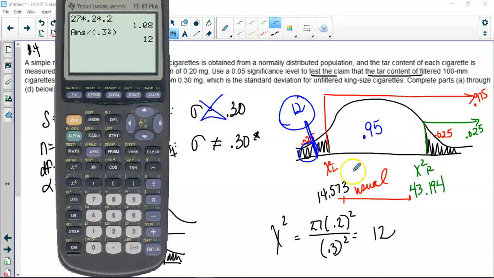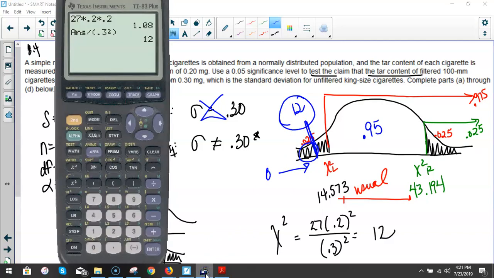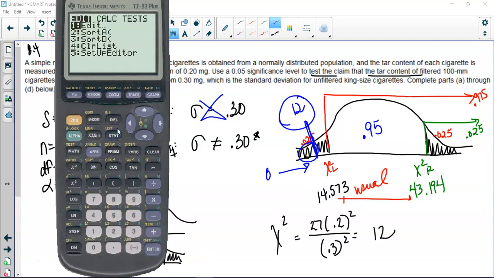If I wanted the p-value for 0 up to this 12, remember not negative infinity because chi-values start at 0 and go up to positive infinity, I would have to go into distribution, and I would go to the chi-value CDF, and I would go from 0 to 12, and then I would have to put in my DF, which is 27. And I would get a p-value of 0.0057.